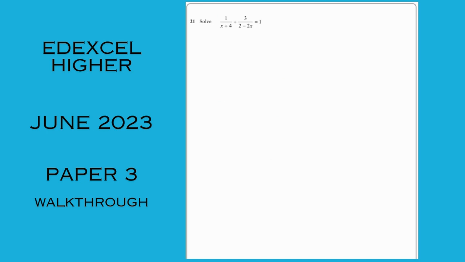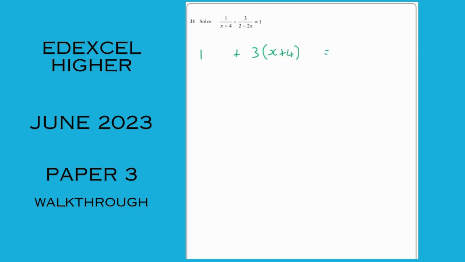So for question 21, you could choose to combine the fractions. That's all perfectly fine. I prefer to multiply through by each denominator. So first one, the denominator disappears. 3 multiplied by the x plus 4.